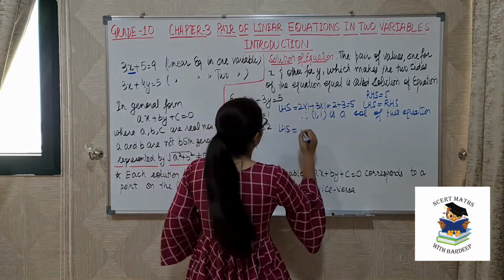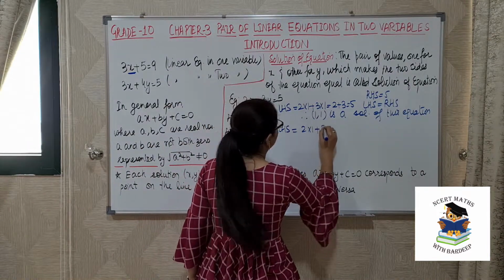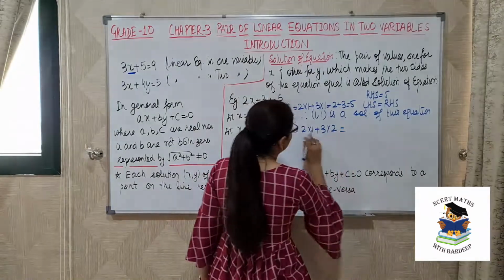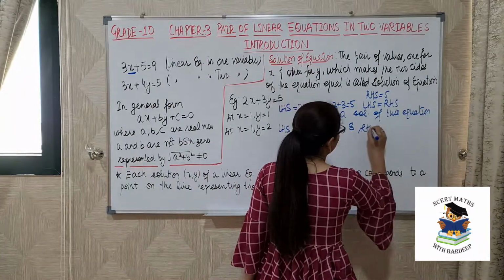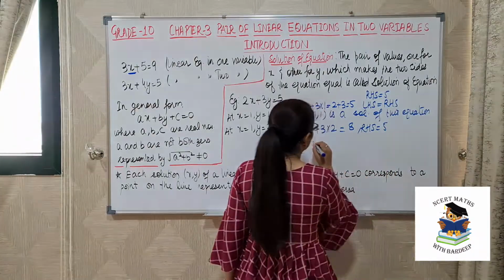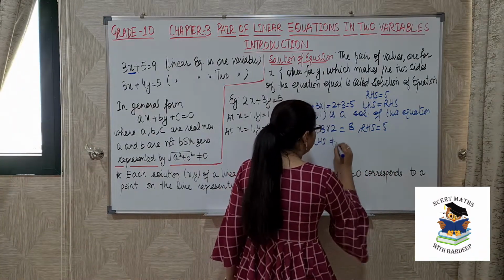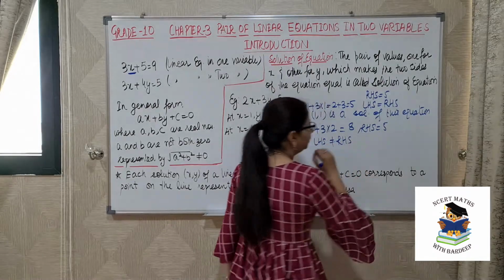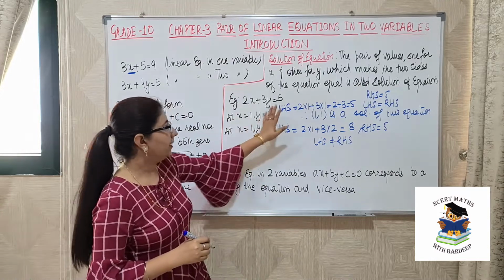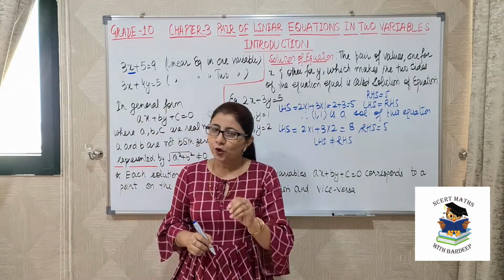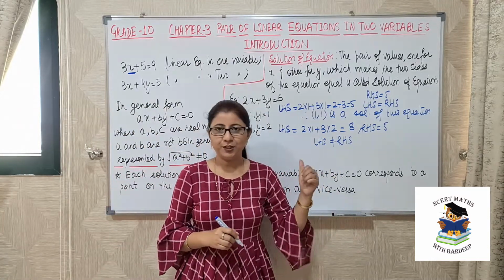Put x as 1 and y as 2. So 2 plus 6 is 8 and right hand side is 5. So here left hand side is not equal to right hand side. Okay, so we can say that x as 1 and y as 2 is not a solution of this equation.